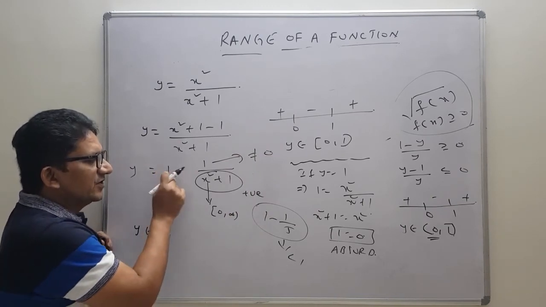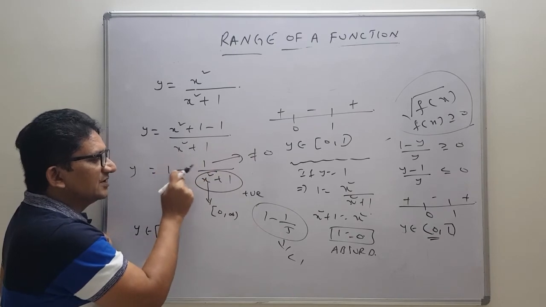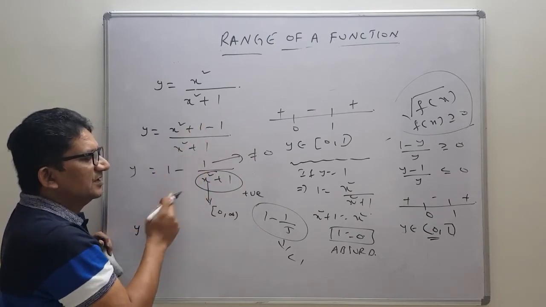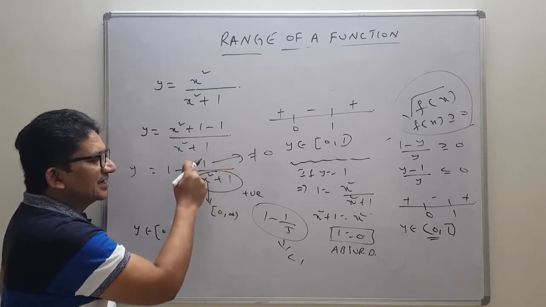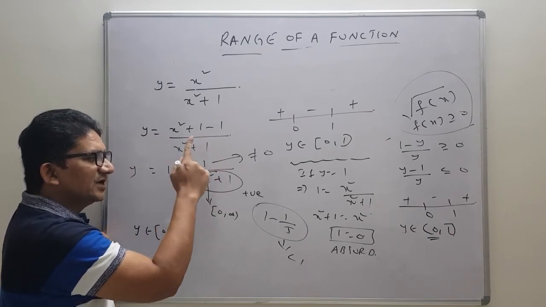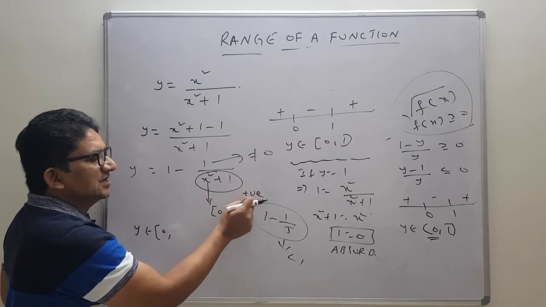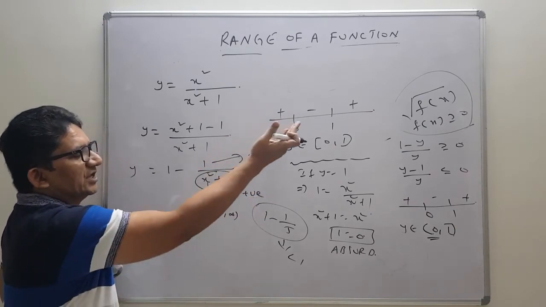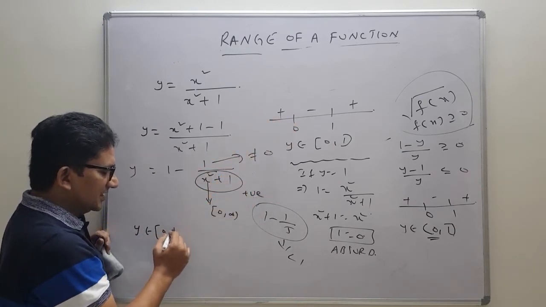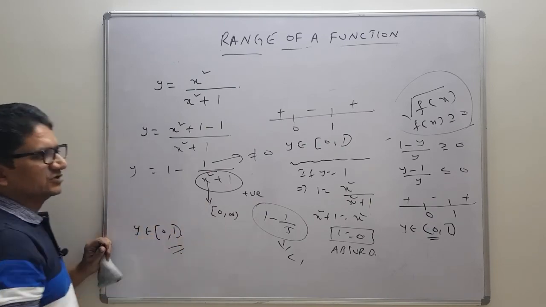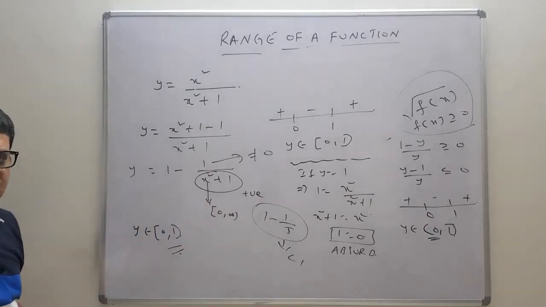If it were equal to 0, then 1 minus 0 would make 1 possible. Whatever value you get will be less than 1, because x square plus 1 is always positive and more than 1. That's why the result is in between [0, 1).